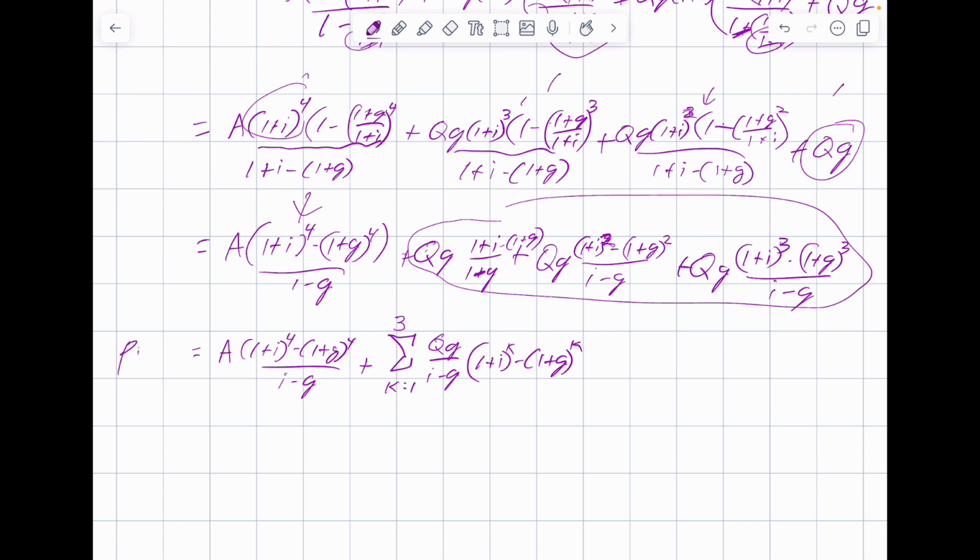We're still carrying down the lender column. Remember that was PV 1 plus I to the 4th.